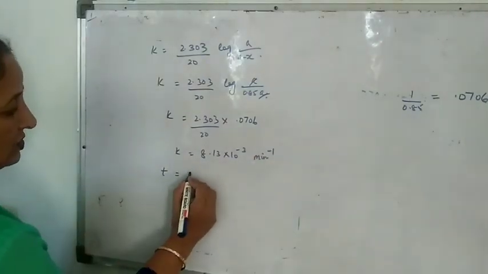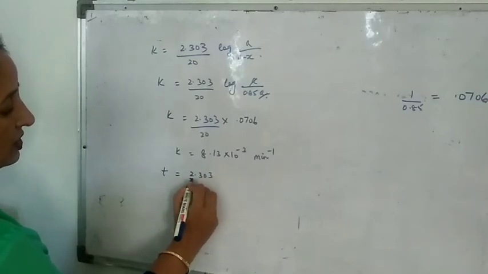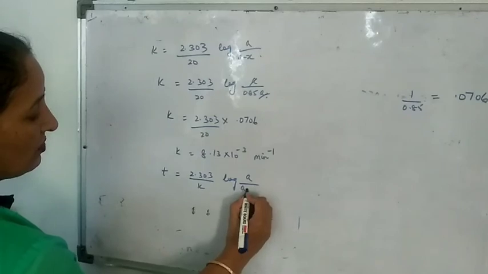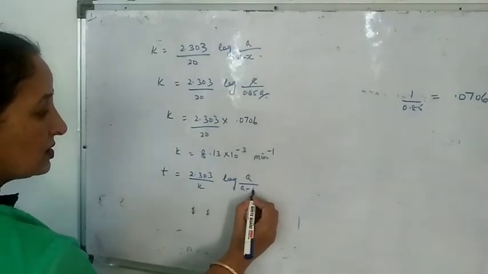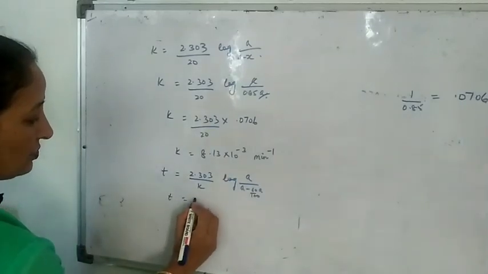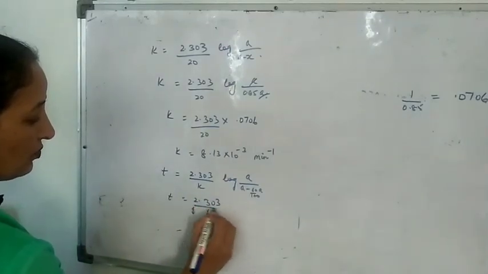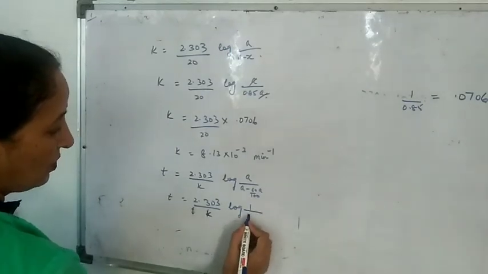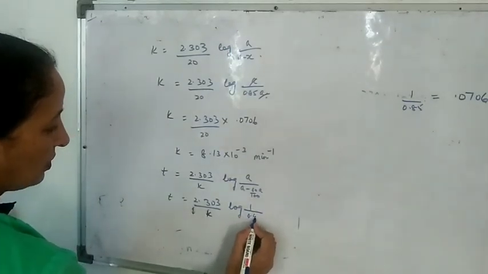We write t is equal to 2.303 upon k log of a upon a minus 60% of a. T is equal to 2.303 upon k log of 1 upon 0.4.